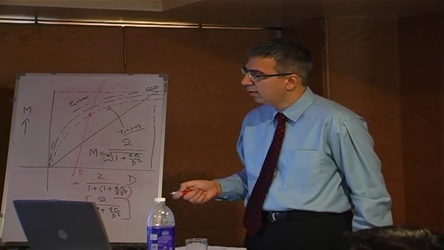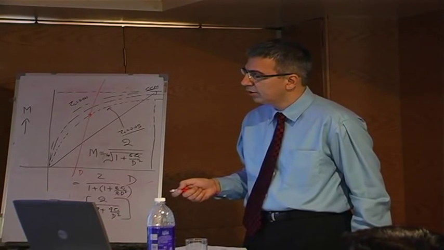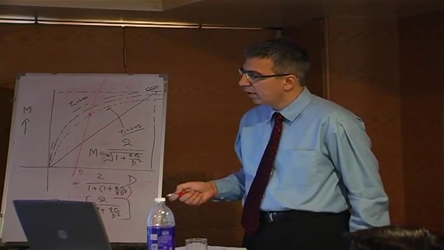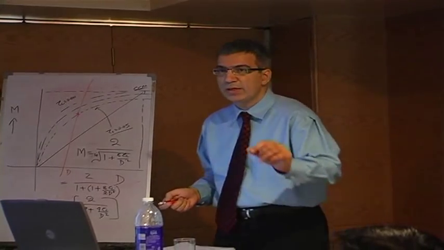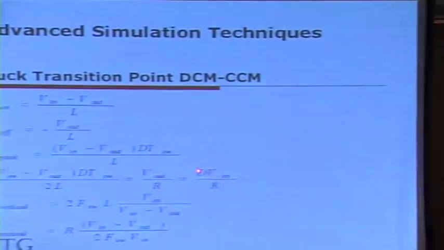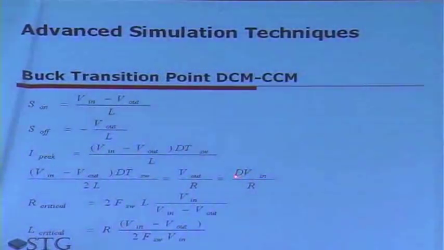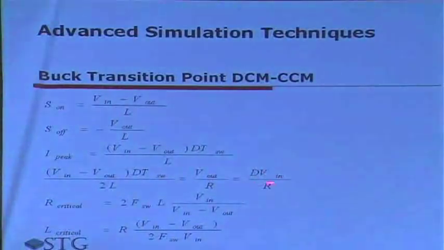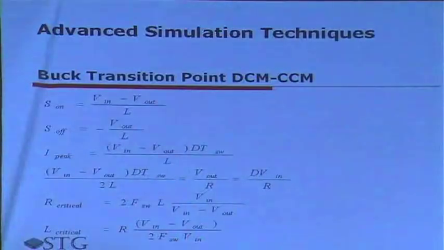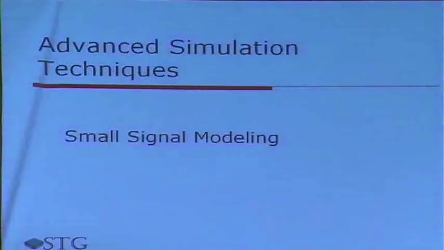V out by R is your average current, which is dV in by R. Because here you're still in a critical point, so you can use D to define V out. dV in, you use D, so you replace that. And then R critical falls out from these equations as such. And L critical also follows from these equations. And what we have, the final values.